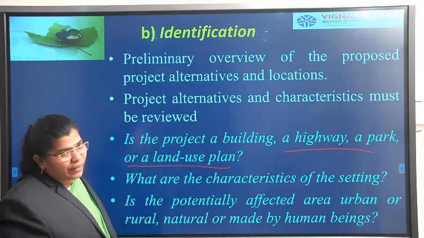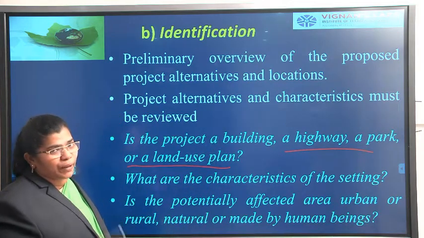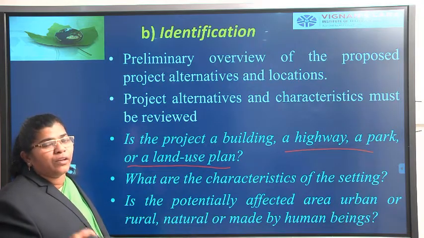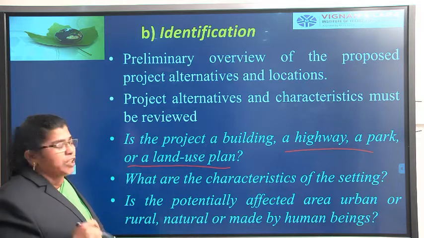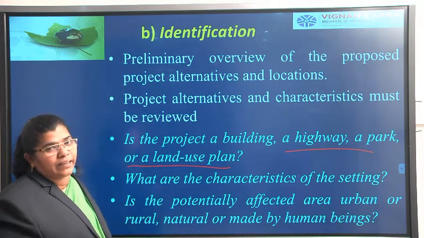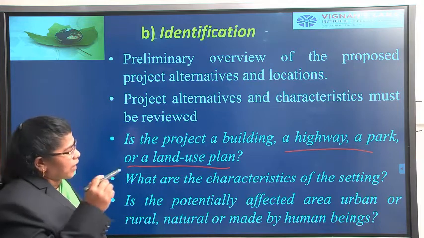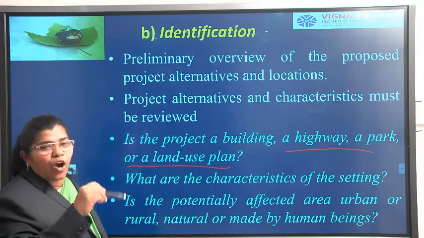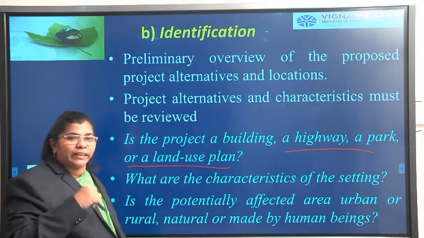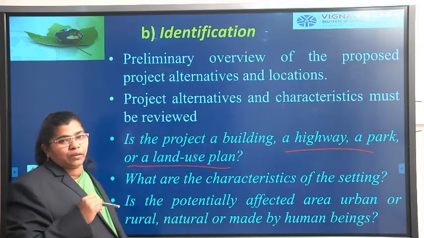So whether I am going for a highway, a park construction, or land use, meaning using land for commercial purposes. And what are the characteristics of the settings? How much area has to be taken care of, and if I am going to build a highway, what are the areas it has to pass through?